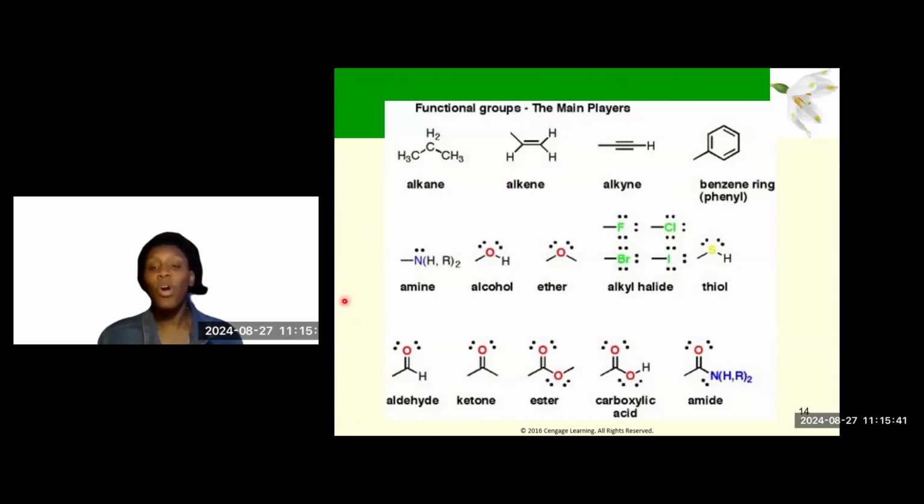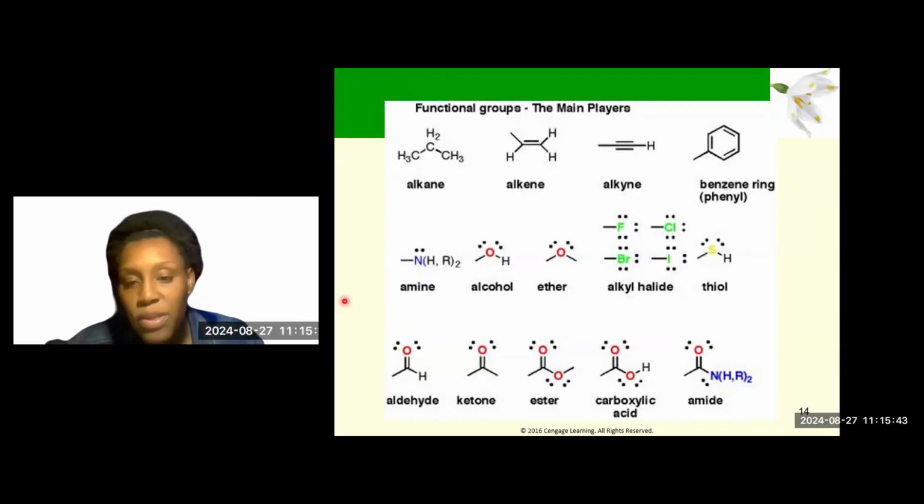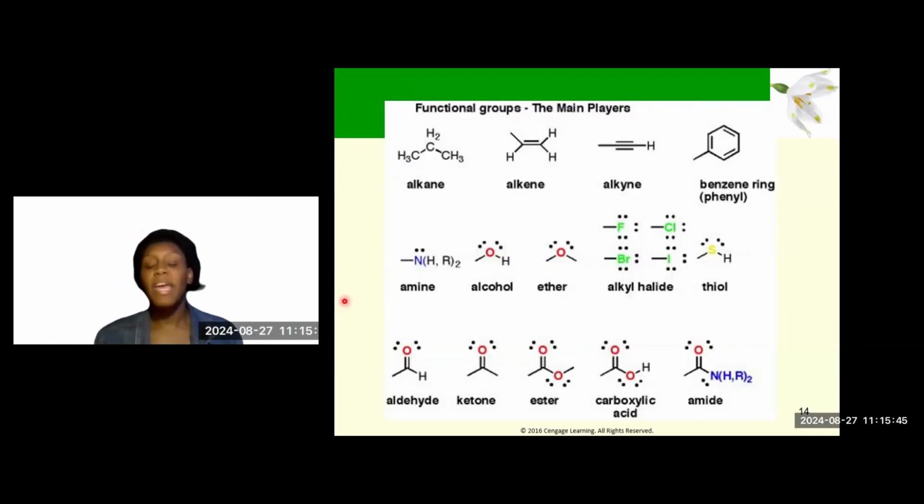All right, so who are your main players in organic chemistry for this level? These are your main players. Now, the other ones are very important, but if you had to only have so much space in your mind to memorize them, to at least have 80 to 90% of the information that you need, these are going to be your heavy hitters: your alkenes, your alkynes. I have alkanes on there just because of your benzene rings.